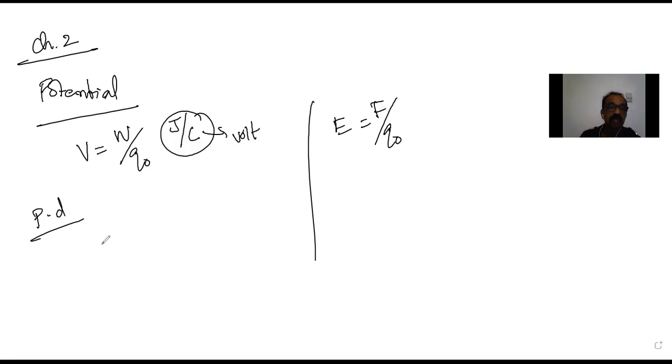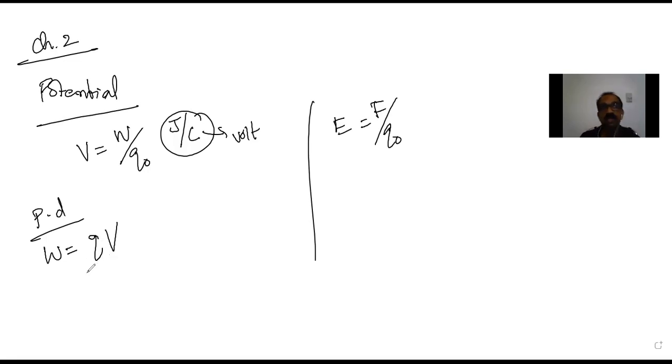If V is the potential difference between two points, then the energy the charge gains is W equal to QV. So if charge Q is placed under a potential difference V, it gains energy of QV. Otherwise, the work done by the field on the charge is QV.